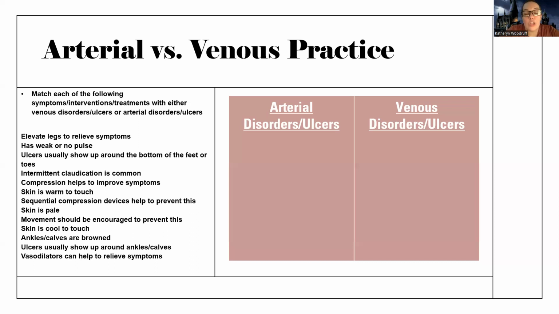And so when it says skin is pale, which one are we talking about? We're talking about someone with an arterial problem. They are going to have less flow to their feet, and therefore usually they're going to have that elevation pallor and a lot of issues with the color to their extremities.